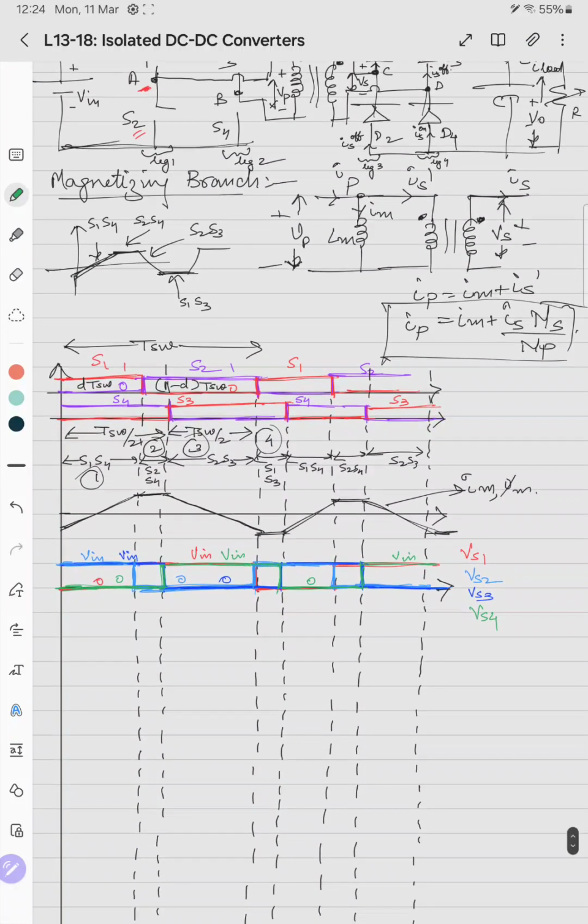Yeah. So now we'll draw the currents through the devices. This time we'll use two separate axes.